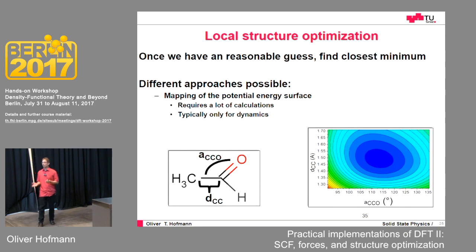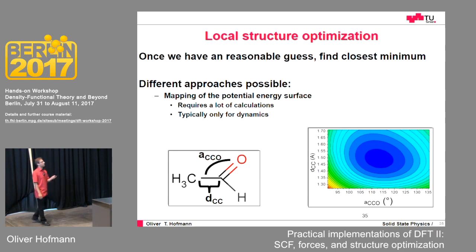Rather, I want to talk about local structure optimization. What does that mean? Let's assume we have found, at least qualitatively, the right basin. How do we find the correct bond lengths and bond angles? For these, again, we have, in principle, a lot of different methods available. In principle, we could just map out the potential energy surface.